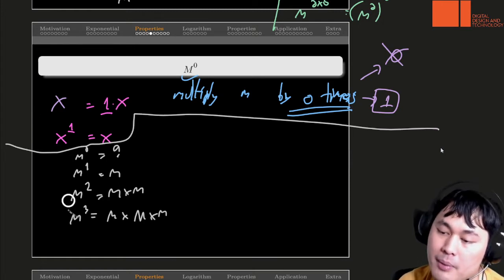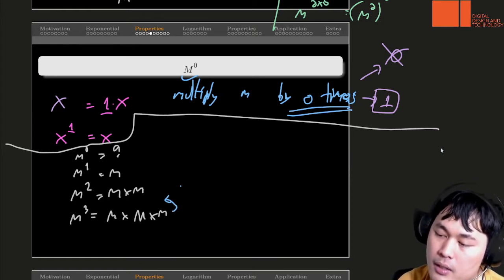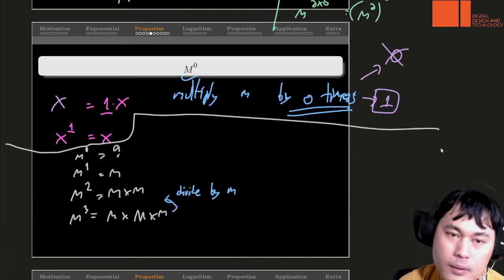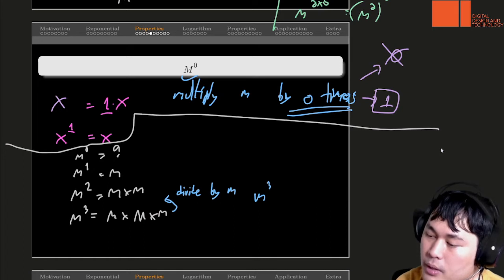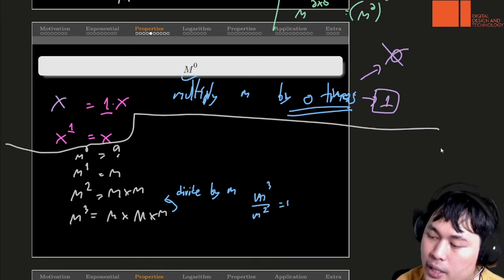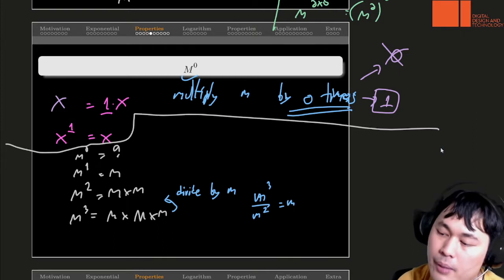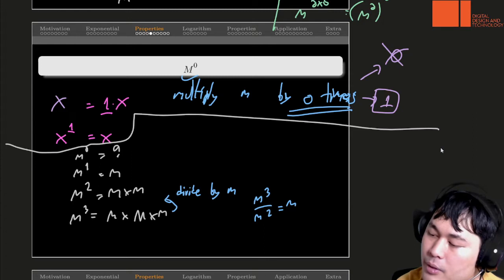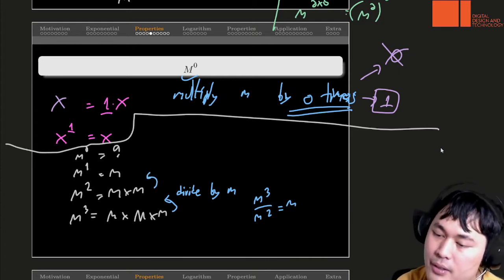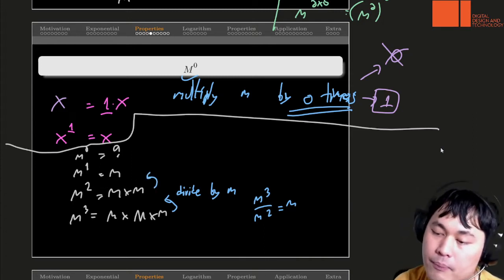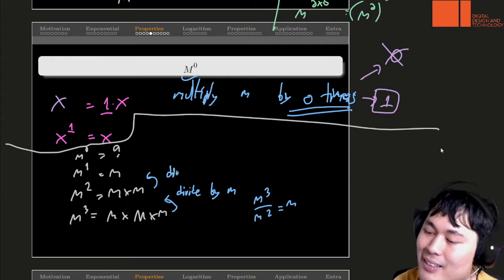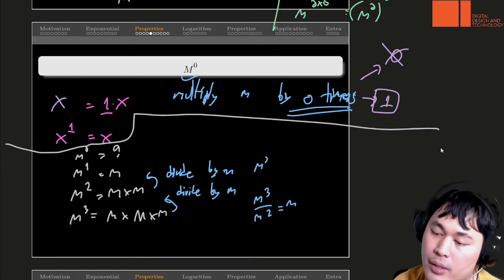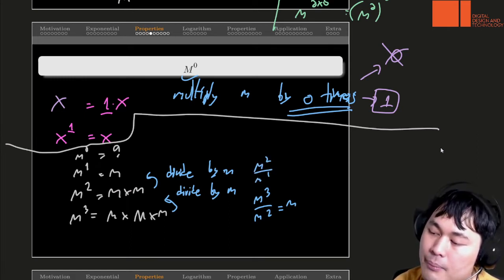From m cubed to m squared, we divided by m. In other words, if you divide m cubed by m squared, you get m. Likewise, from m squared to m to the power of 1, you repeat the same step and divide by m. So m squared divided by m to the power of 1 should give you m.